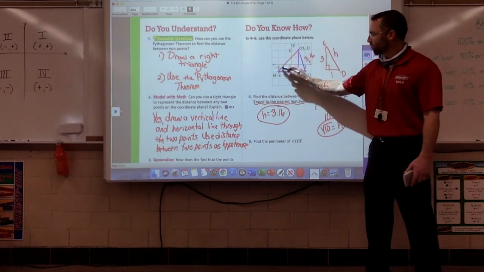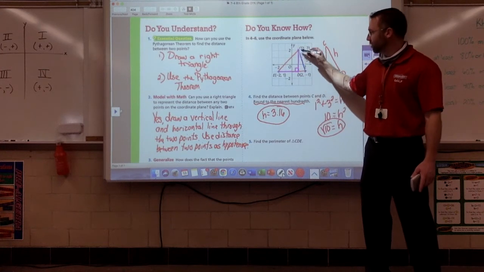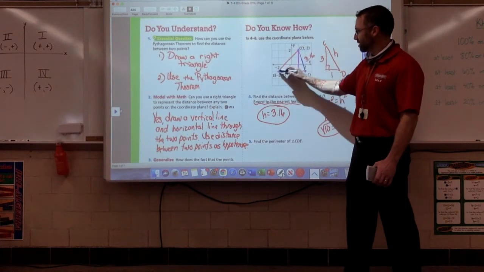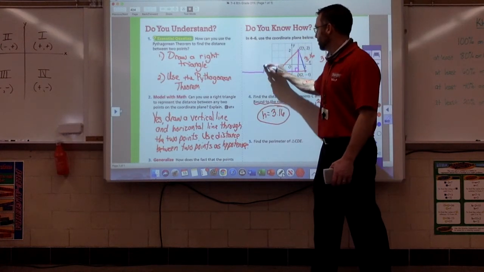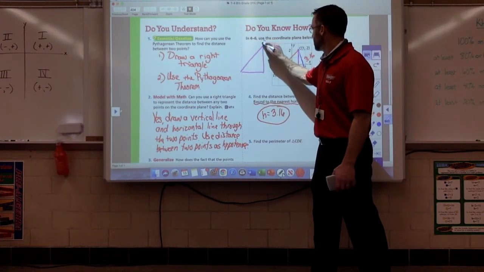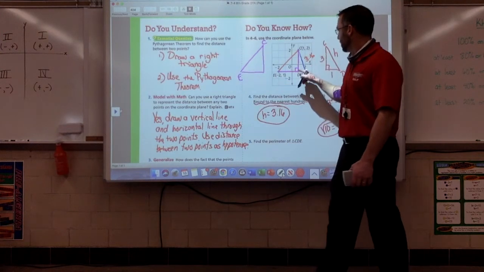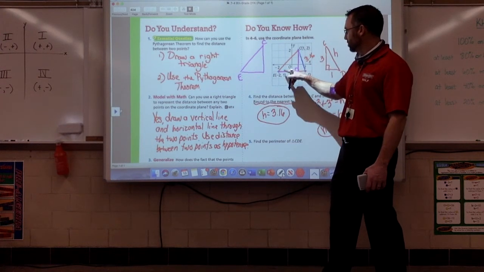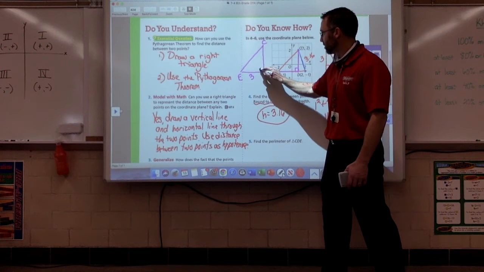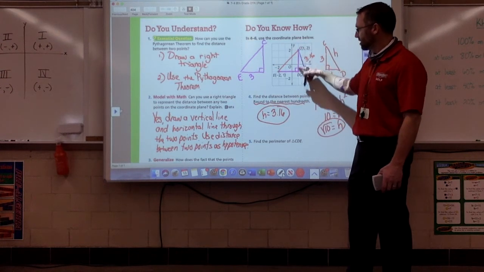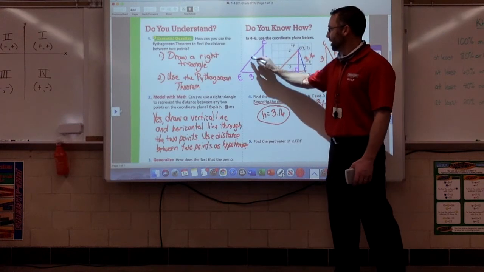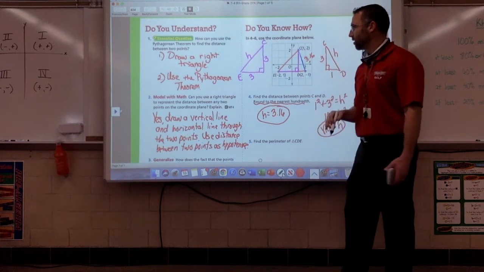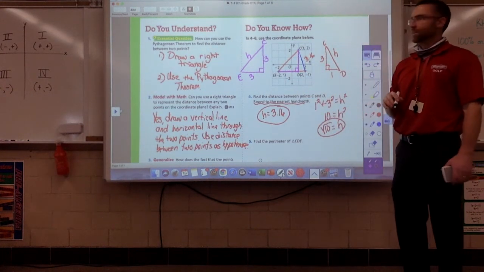Because this red segment here is the hypotenuse, or the distance from point C to point E. I'll draw it over here. Here's point C, here's point E. This distance, a 1, a 2, and a 3, there's my right angle. This leg, a 1, a 2, and a 3. We need to find the hypotenuse, and I'll put an H there again.